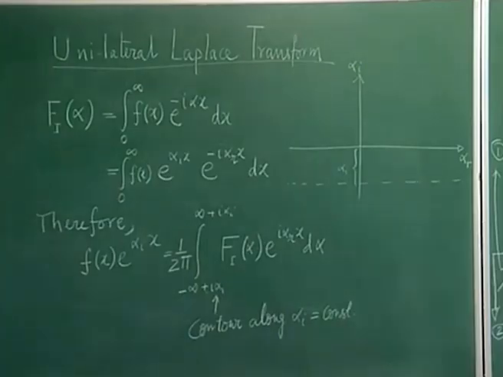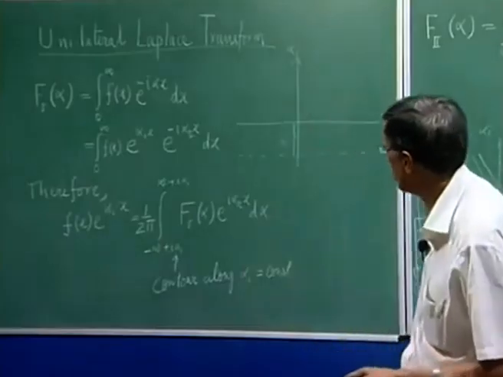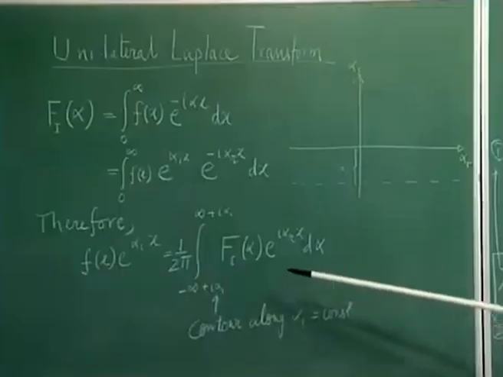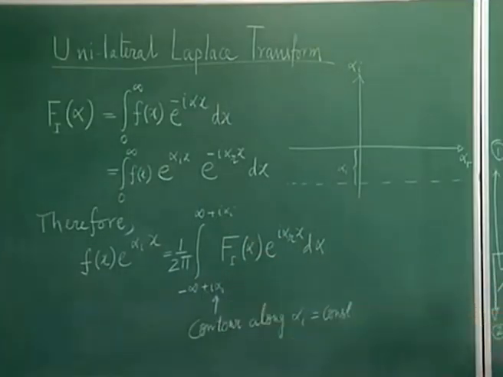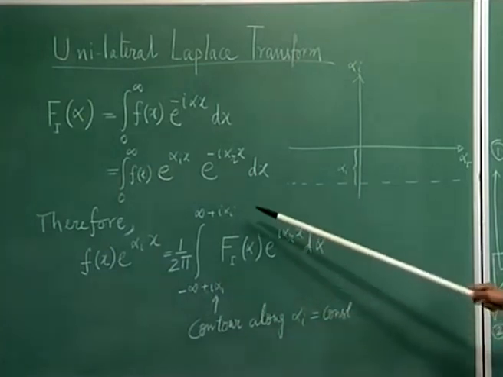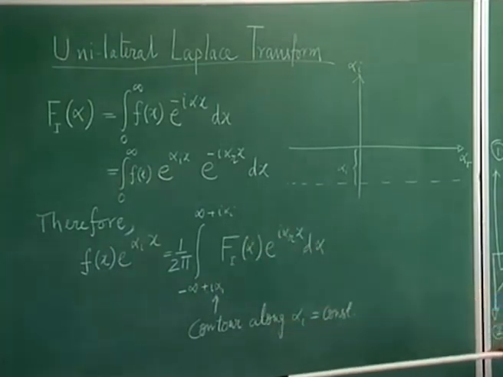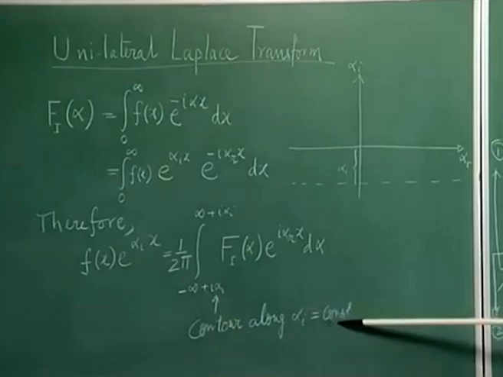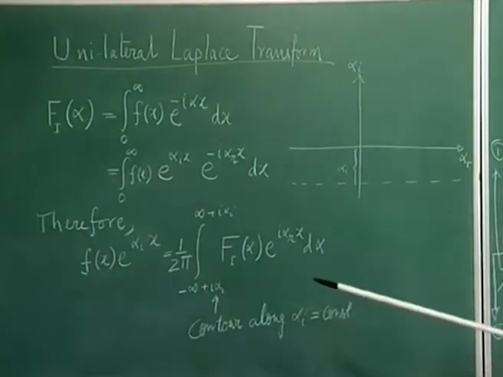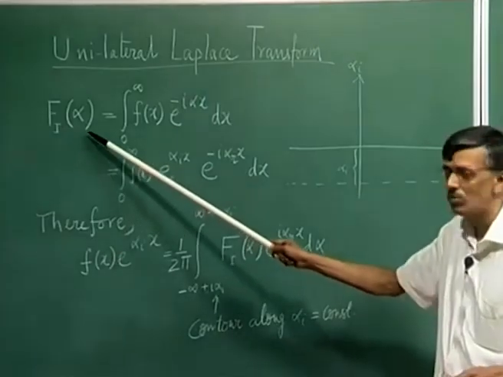Okay. So, we take a particular contour to evaluate this integral, and we call that a Bromwich contour, and in this case the Bromwich contour has been chosen in such a way that alpha I remains constant. If alpha I remains constant, now what can I do?